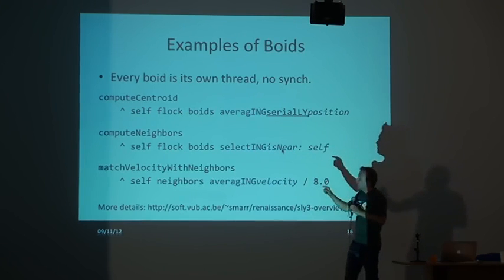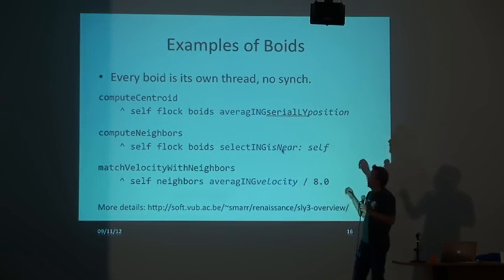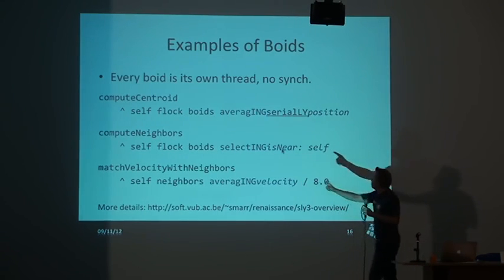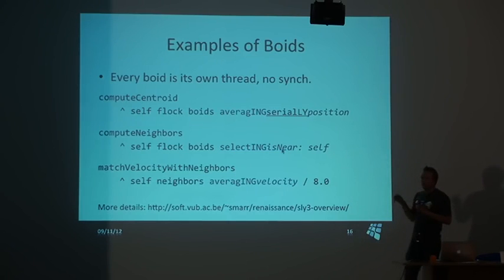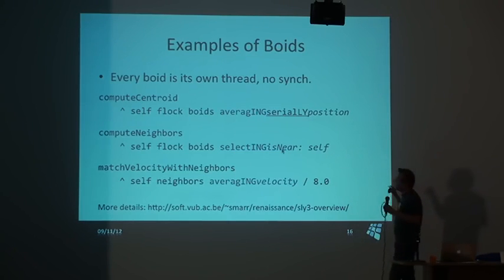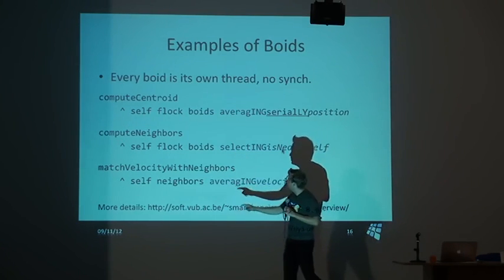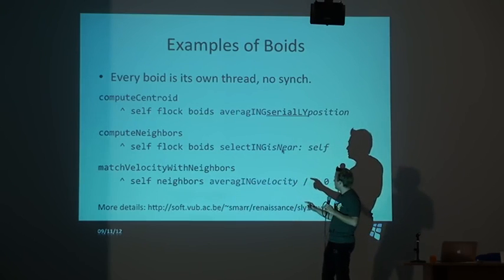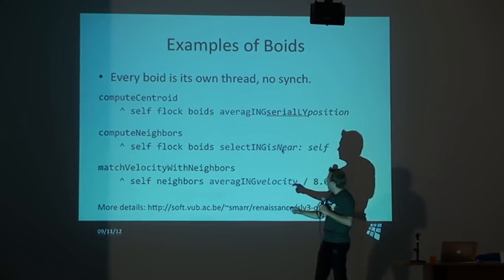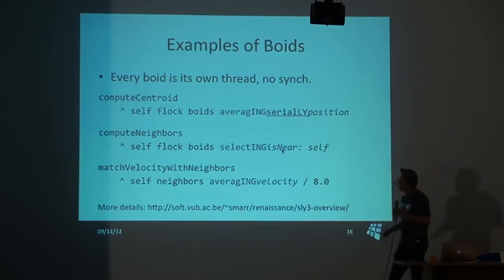The result will be an ensemble of Boyds that is close to me, whatever near precisely is. Then, based on these neighbors, self neighbors uses the computed neighbors, and I can match my own velocity based on their velocity. Again, I average that and apply that factor here.